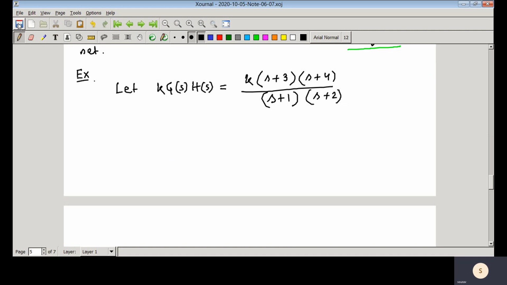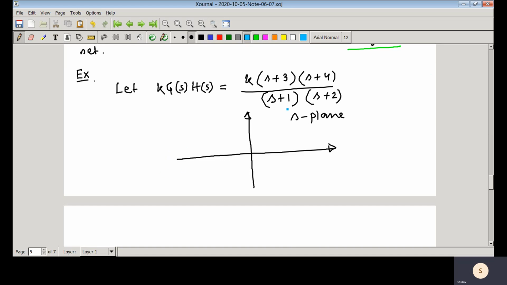So then if we get that pole zero map, what would we get? So let us see. In the pole zero map, this is the S plane, and two poles are there.